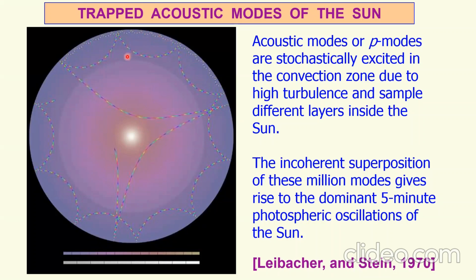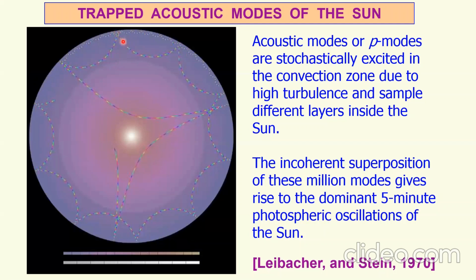So why is it happening? Once the wave is excited, because the temperature is increasing downward, it gets refracted and bends towards the normal. At the surface, because there is density stratification, the density drops very rapidly. So it works as a reflecting boundary for these acoustic waves.